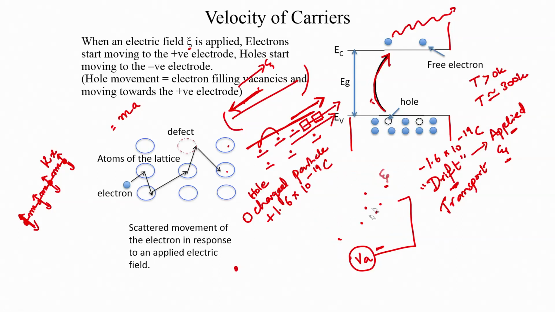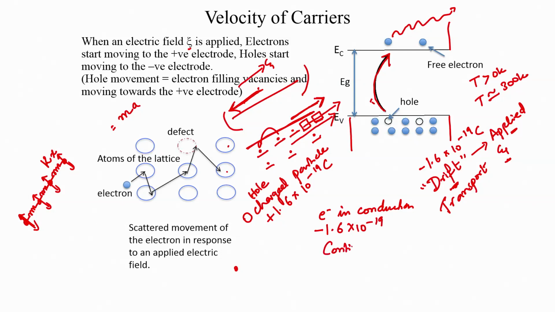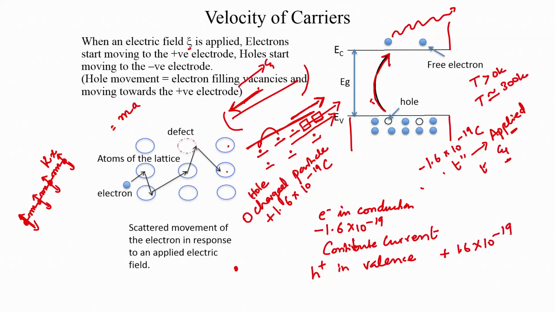So just to summarize this discussion, the electrons in the conduction band have a charge of minus 1.6 × 10^-19 coulombs and contribute to current. But the holes in the valence band have a charge of plus 1.6 × 10^-19 coulombs and also contribute to current.